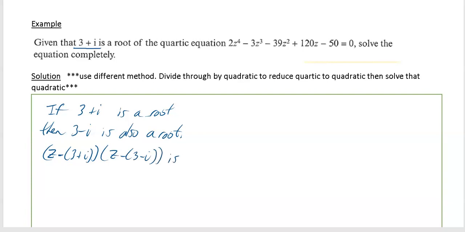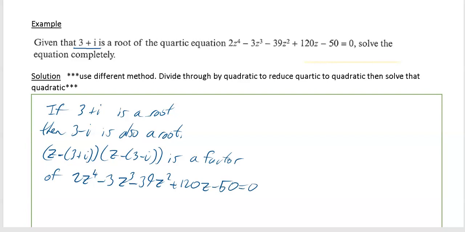So that whole thing combined is an even bigger factor, I suppose, a factor of 2z to the 4 minus 3z cubed minus 39z squared plus 120z minus 50 equals 0. Okay, so we've got all of that.